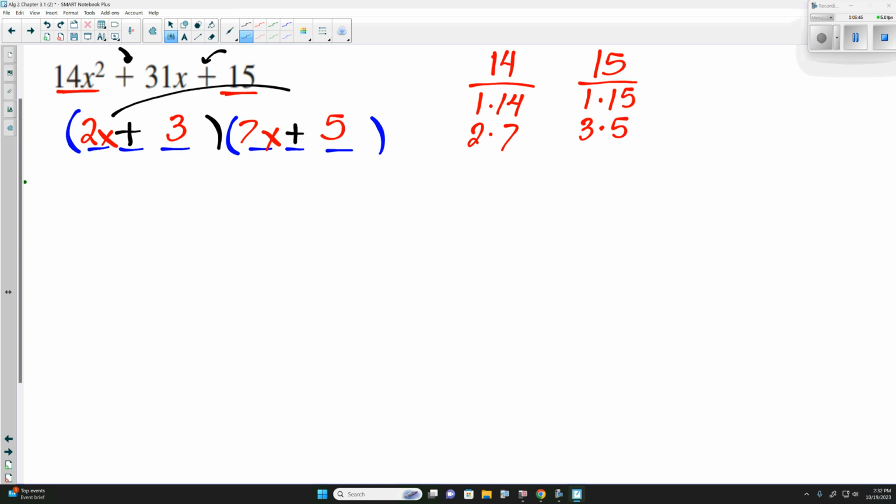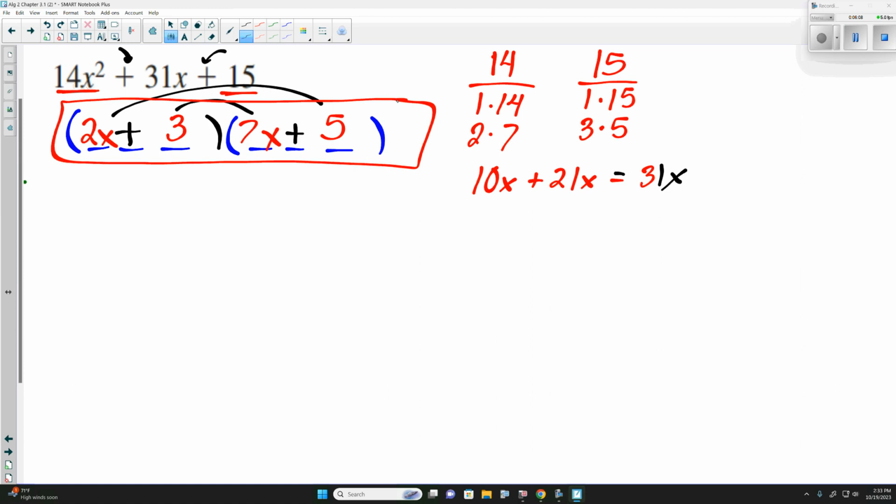And the last thing we need to do is to check. 2x times 5 is 10x. 3 times 7x is plus 21x. And 10x plus 21x is 31x. Is that the middle term we wanted? Yes.